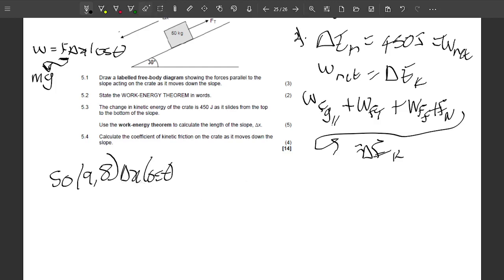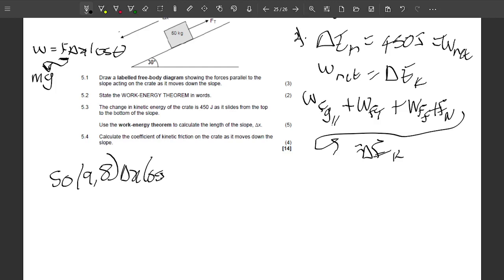In fact, I think I might as well just substitute for my theta. So let me just propose I do that. What was the angle between friction and displacement?